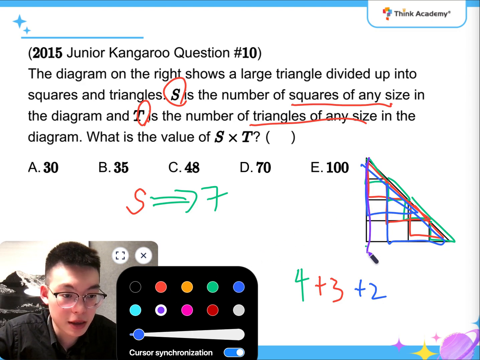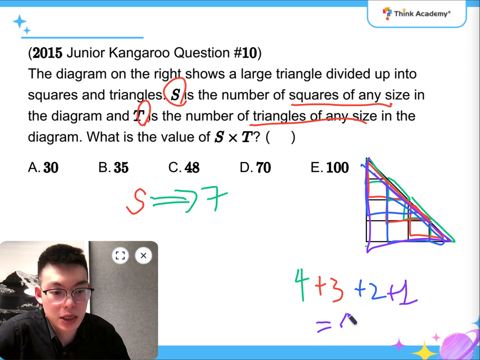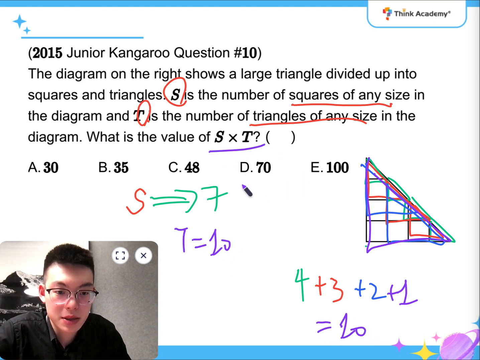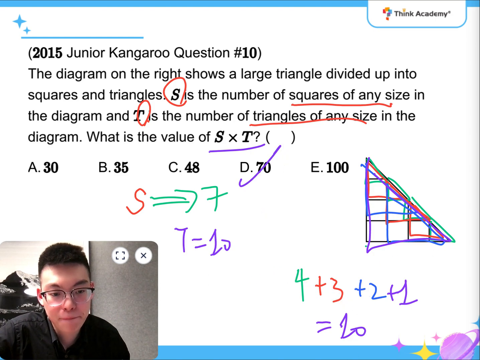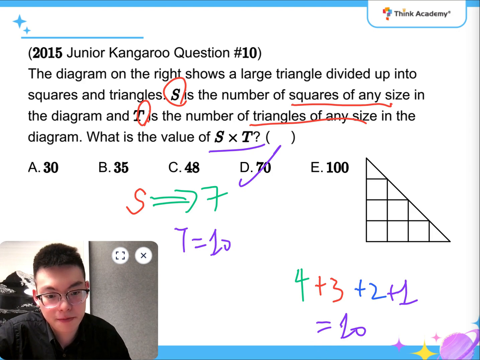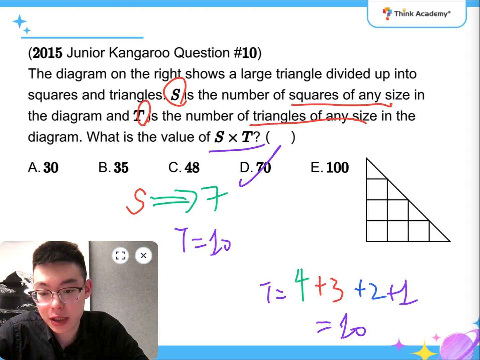And finally, the large one of it. So that's going to be equal to 10. So T is 10. S times T, 70. All right, that's the answer to this question. And that's T. Okay, so that's 6 to 10.